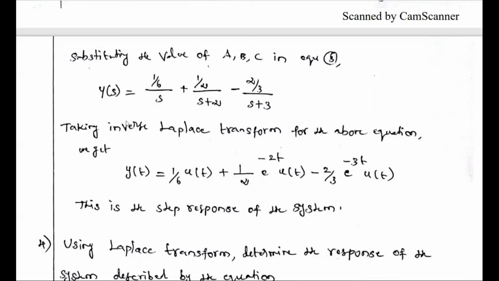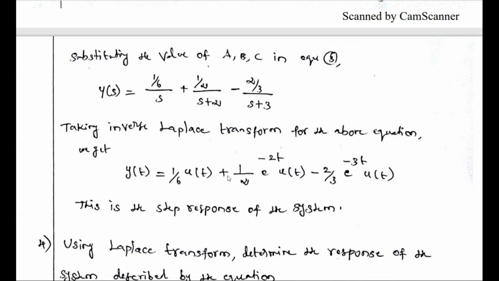Okay, so now you have to take the inverse Laplace transform of the above equation. What is the inverse Laplace transform of Y of s? Small y of t equal to, this constant you keep as it is, and the remaining term is 1 by s. You know which signal has the Laplace transform 1 by s? u of t. So the inverse Laplace transform of 1 by s is u of t.